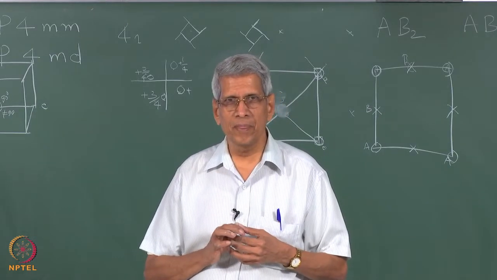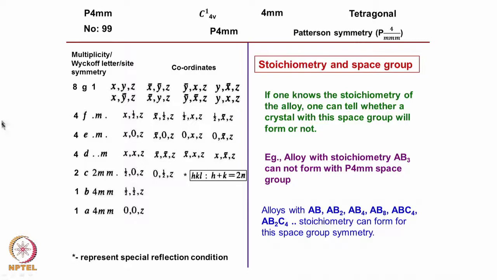Is it clear? Because this table, if you look at it, AB composition means that one atom can occupy here, another can occupy this position. That means AB is a stoichiometry.